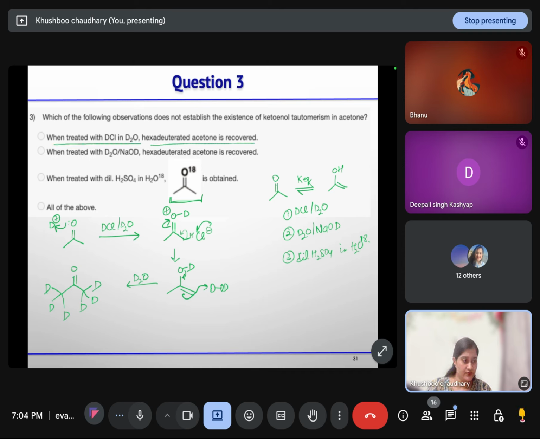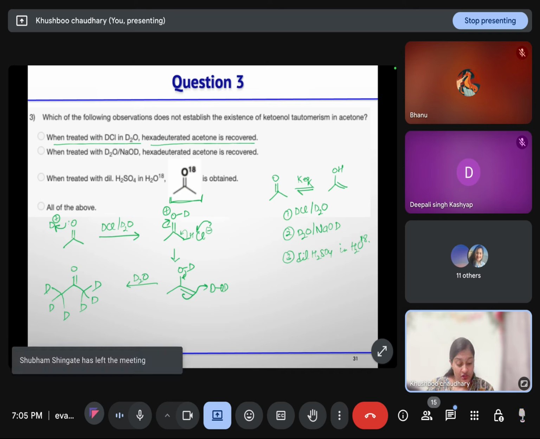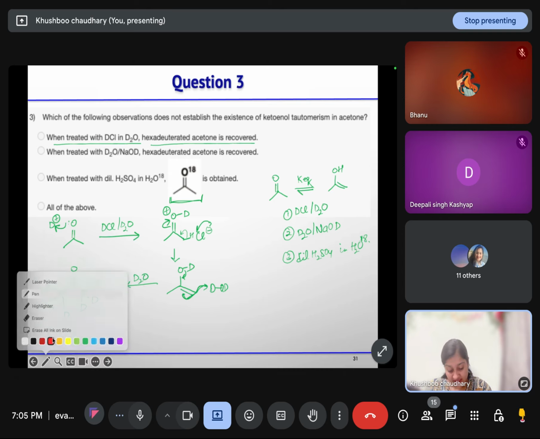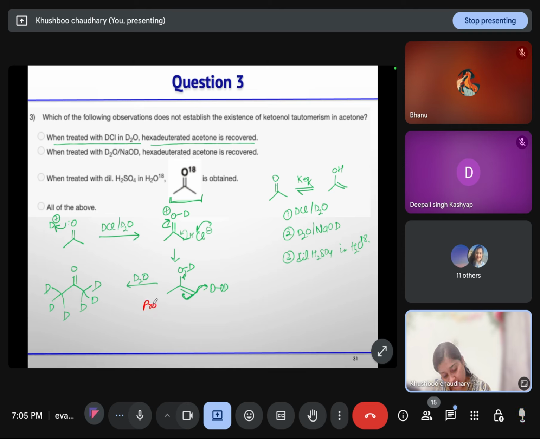This is true. Is this clear how this is true? Yes, ma'am. Now when this process is happening, your keto is converted to enol form, right? So we can consider it as the proof for keto-enol tautomerism, because the mechanism is the same.